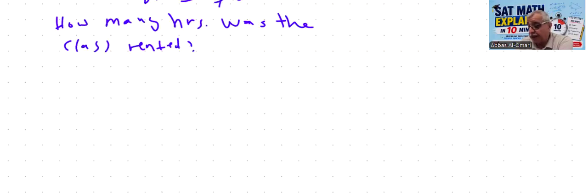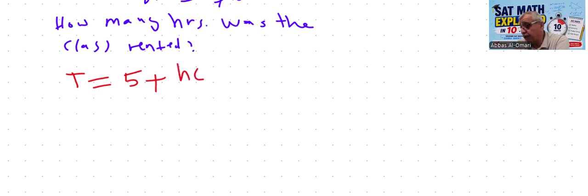So if the total cost is T, T equals 5, the booking cost, plus hourly cost, I will call that HC, multiplied by the number of hours, which is 5. The total cost was 65.